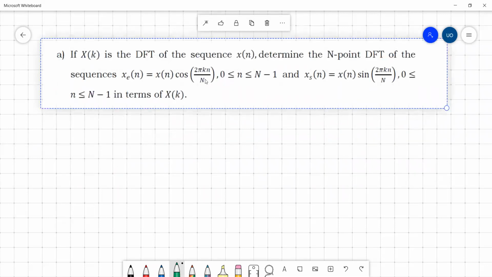We have a discrete Fourier transform X of k, if the discrete sequence is x of n.